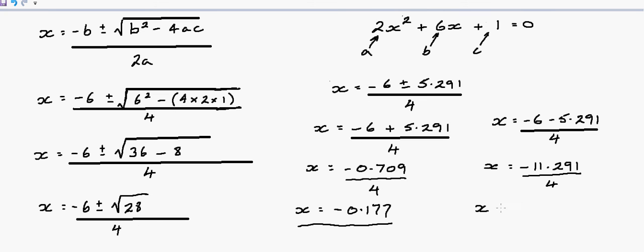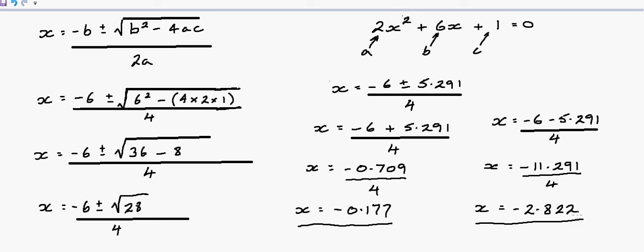So now I just put in minus 11.291 divided by 4 equals, and I get minus 2.822, and that's my second solution.